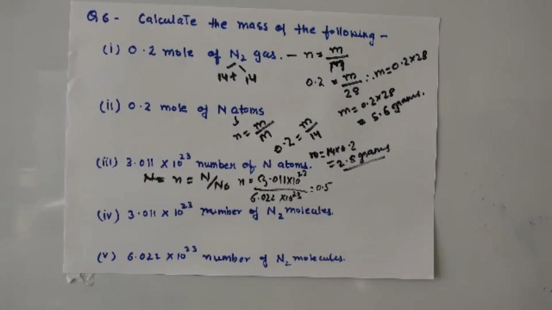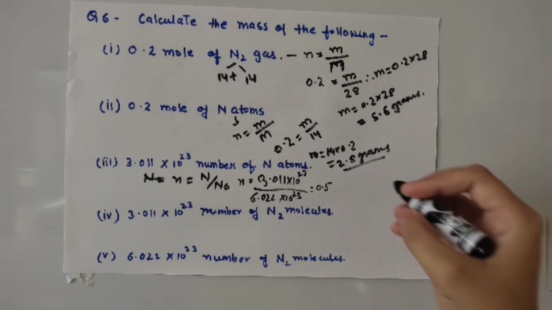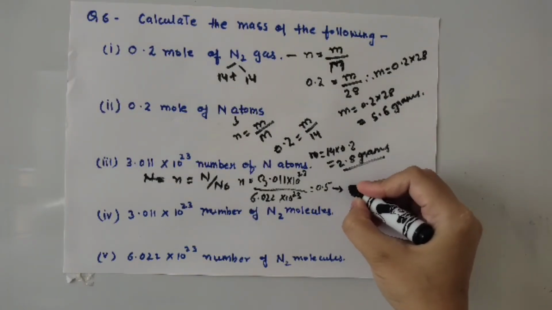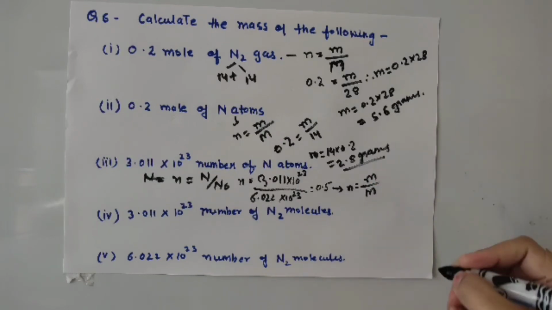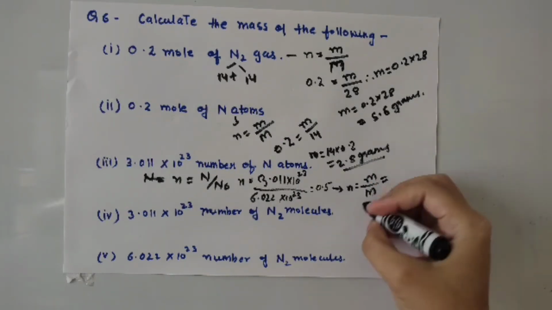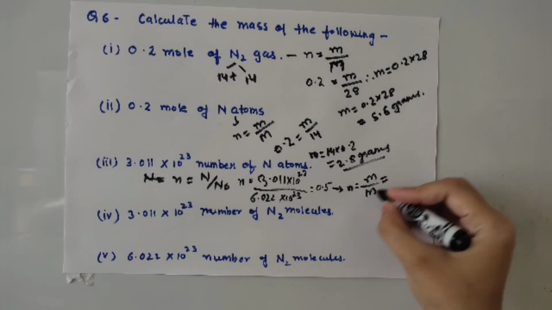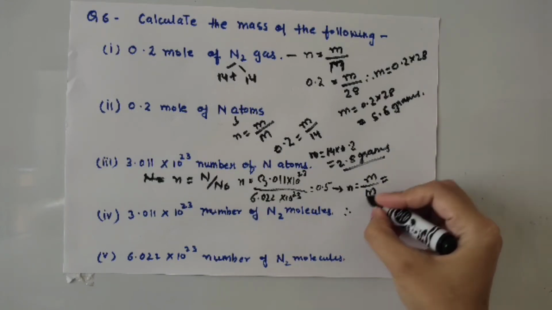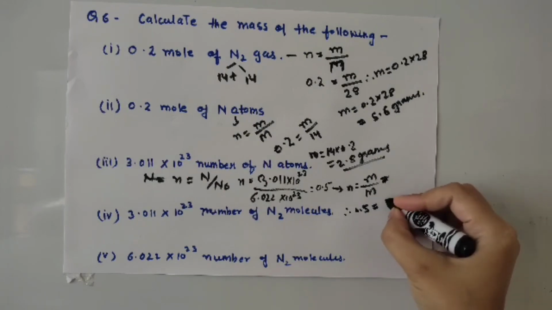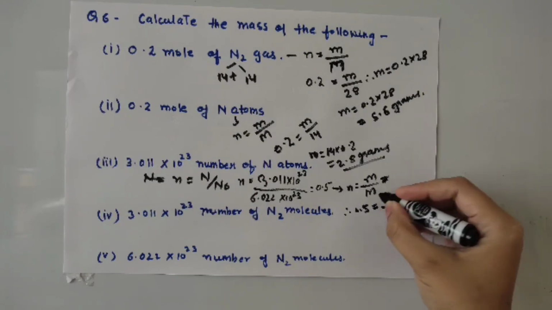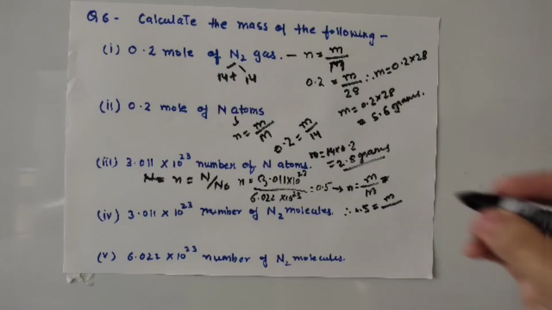Now we know the relationship between the number of moles and mass. We have to calculate the mass. So n equals small m upon capital M. Therefore, 0.5 will be equal to small m upon the molar mass of N, which is 14.